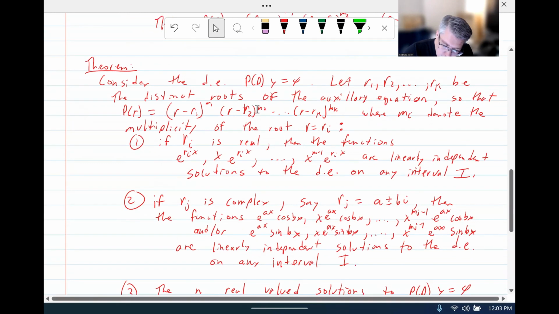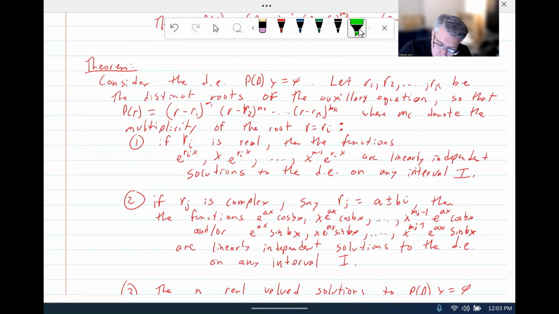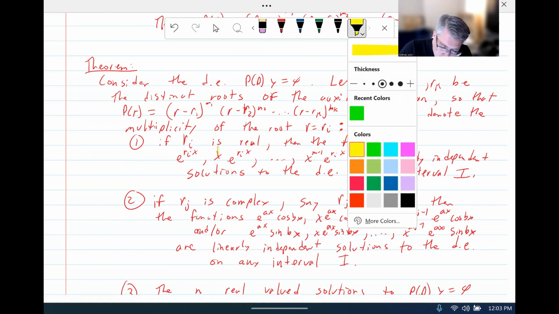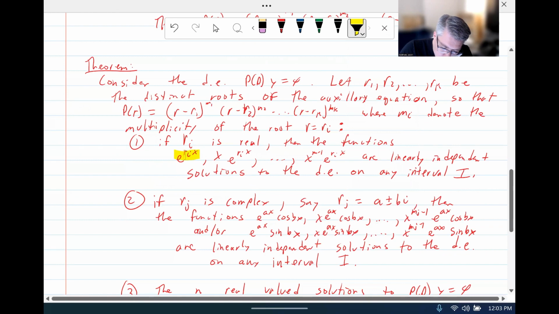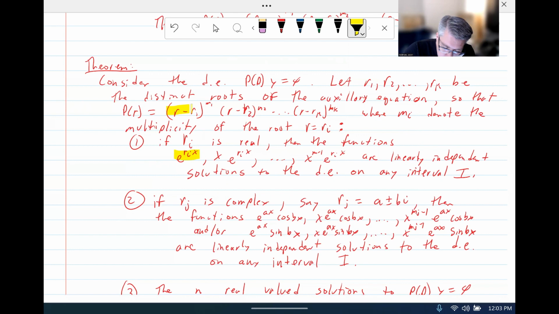Okay. So if we had a multiplicity of 1, then that multiplicity of 1 corresponds to this guy here. That would just be r minus r1, multiplicity of 1, okay?